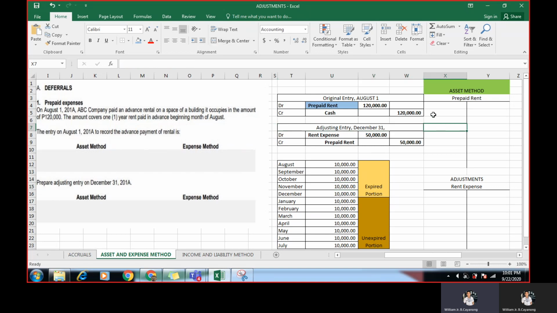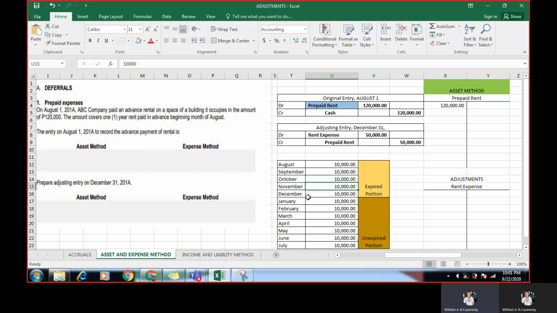Let's first put it here in our T account: 120,000 as prepaid rent. I have here a schedule. Since the 120,000 will be good for 1 year, if it starts from August, it will end next year in July. So every month, there will be an expired portion of the advance payment, 10,000 per month.